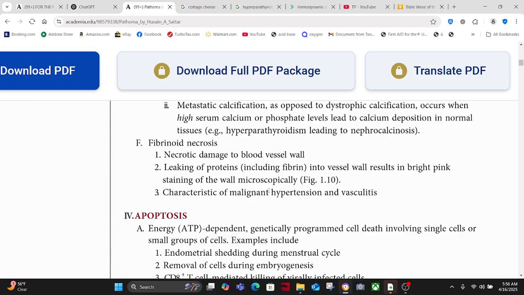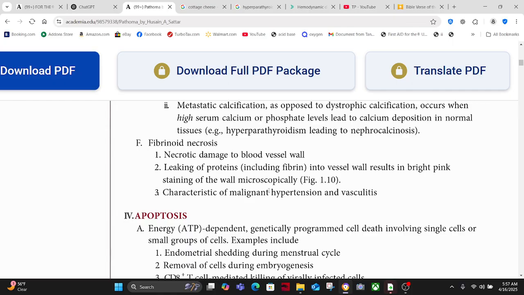fat necrosis mainly happens in the breast and the pancreas. And then you also want to know pancreatitis has two types of necrosis associated with it, which is liquefactive necrosis and fat necrosis.